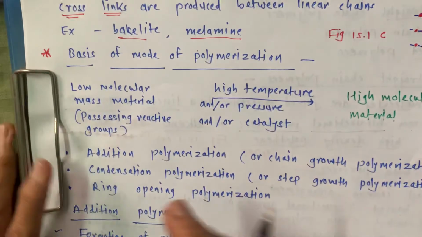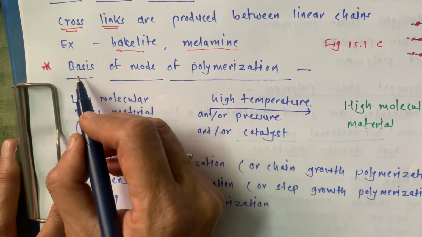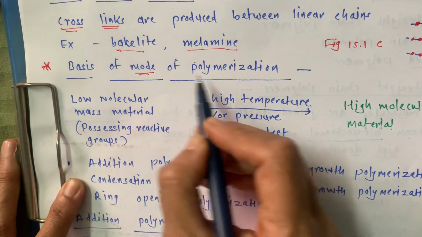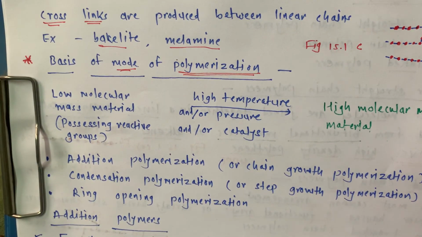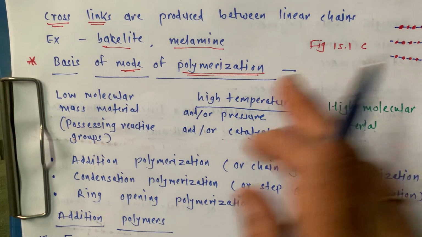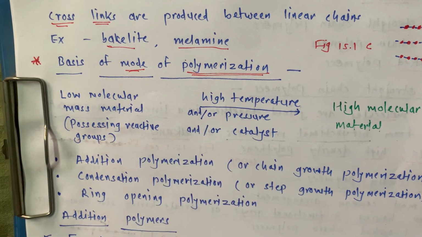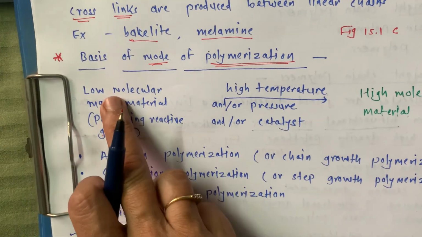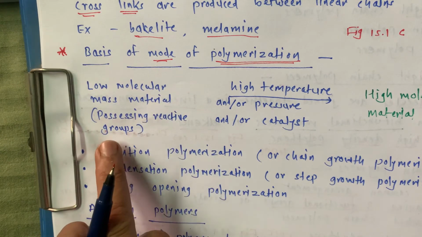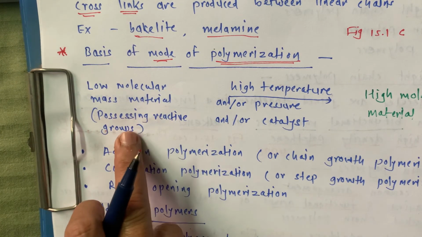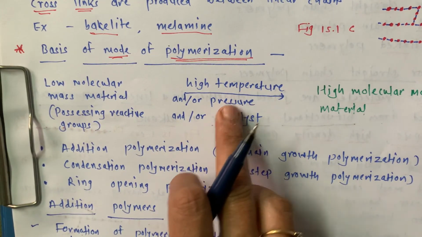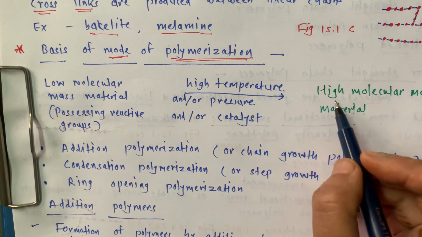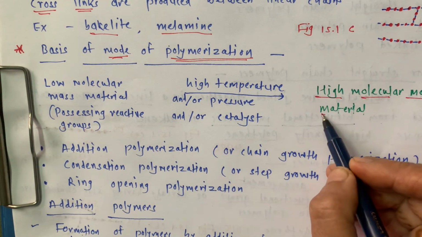Next classification is based upon mode of polymerization. Mode of polymerization means the way monomers link to each other and form polymers. So what is going to happen over there? Low molecular mass material, meaning which has reactive groups, when they undergo treatment of high temperature or pressure or catalyst, they are converted into high molecular mass material.